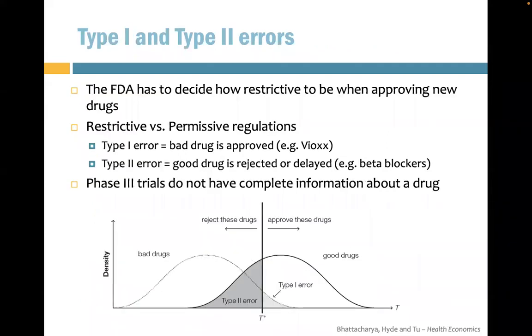Okay, so let's talk about how the FDA actually looks at the data when companies submit their clinical trials. The FDA has to decide how strict they want to be. For example, the FDA wants drugs to be safe, but if a drug is tested on 10,000 people and only one of them died, is this safe, or is it not safe enough and you want to reject it?